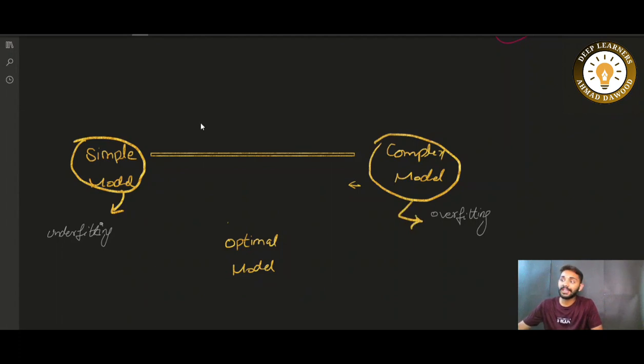How can you get an optimal model? The optimal model will lie in between simple model and complex model. So we will artificially try to decrease the complexity of the model so that we can get an optimal model.